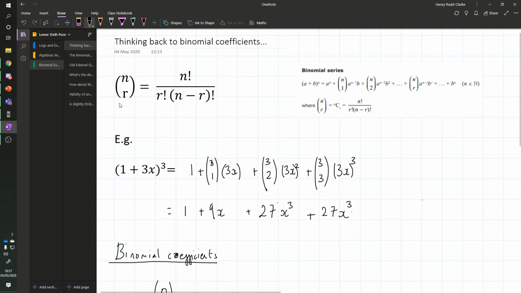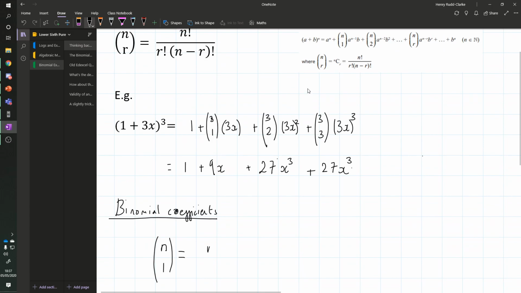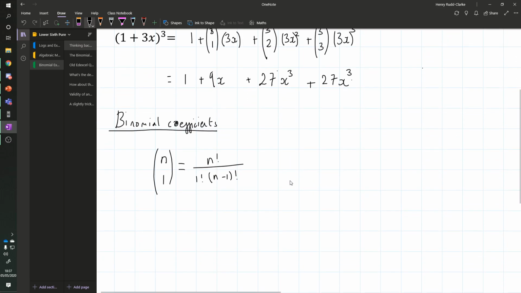If I have n choose 1, I can use this formula: that's n factorial over 1 factorial times n minus 1 factorial. 1 factorial is obviously 1, n factorial is n times n minus 1 times n minus 2, and so on until we get down to 1, and n minus 1 factorial is n minus 1 times n minus 2, and so on, again until we get down to 1.